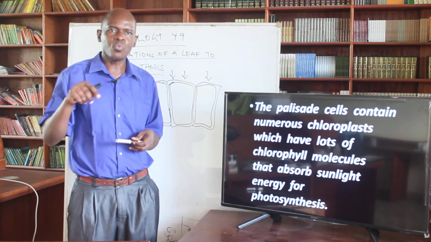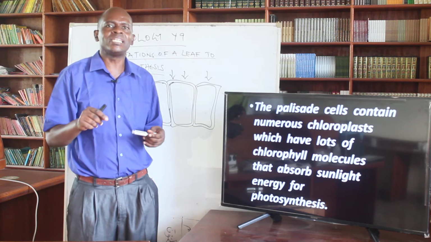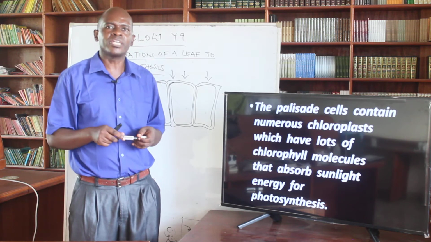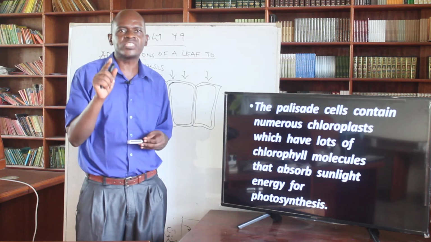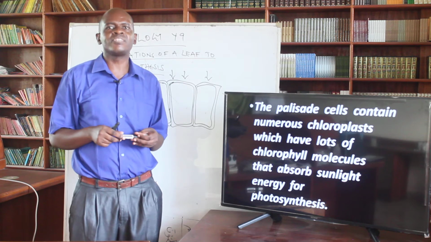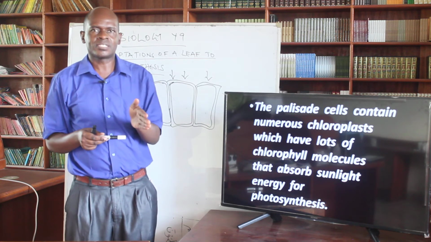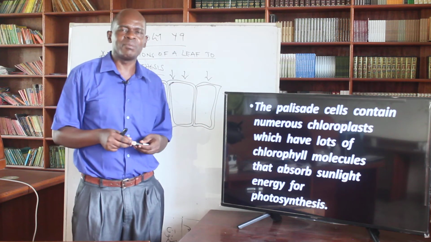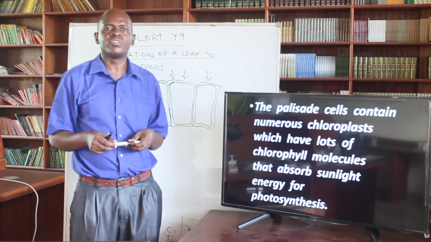If just one particular chloroplast has so many grana, and each granum has very many molecules of chlorophyll, then it is very clear that one single chloroplast can have a lot of photosynthetic activity. So if we have so many chloroplasts in the Palisade, then the plant can maximize the manufacture of food.